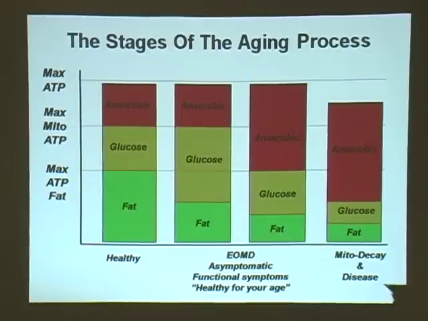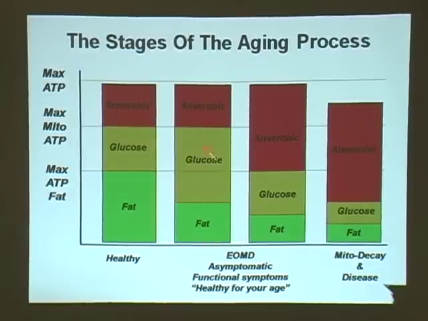Look what happens to somebody as they're moving from being totally healthy to being diseased. The first stage they go through is a stage wherein their actual mitochondrial energy production is unchanged. Notice this is the same. But the dynamics in which they make the energy has changed, such that they're making more of their cellular energy from glucose and less from fat.